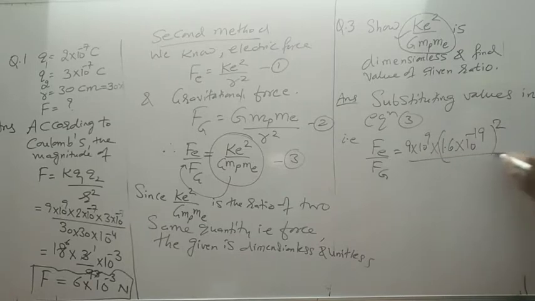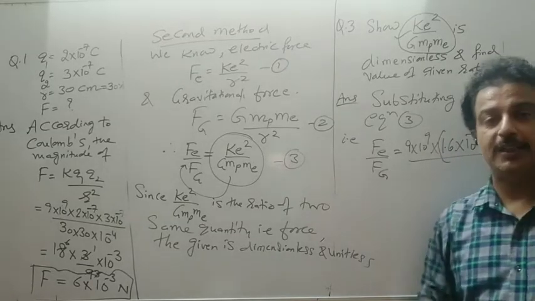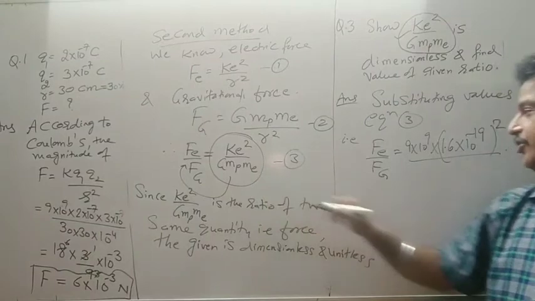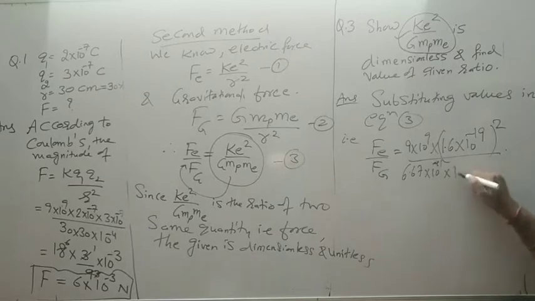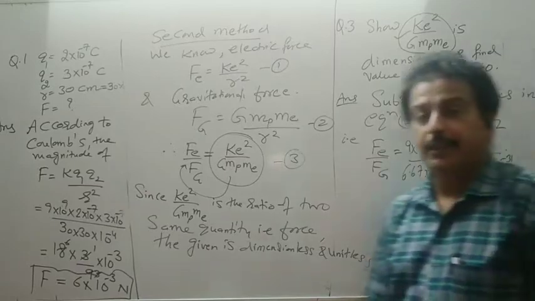That is the charge on a proton or electron, or it is called the fundamental electric charge. G is 6.67 into 10 raised to minus 11. Mass of proton is 1.6 into 10 raised to minus 27. Mass of electron is 9.1 into 10 raised to minus 31 kg.